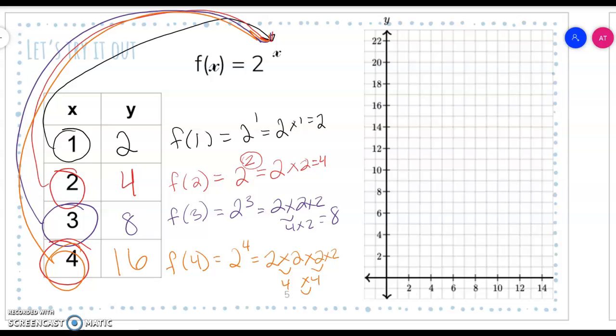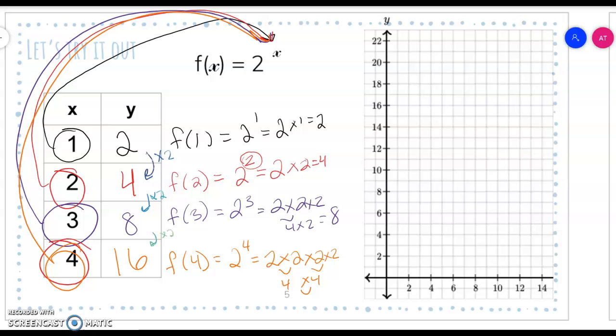So I get 16. As you can see here on the y-axis, 2 times 2 is 4, 4 times 2 is 8, 8 times 2 is 16. So it's increasing by multiplying by 2.